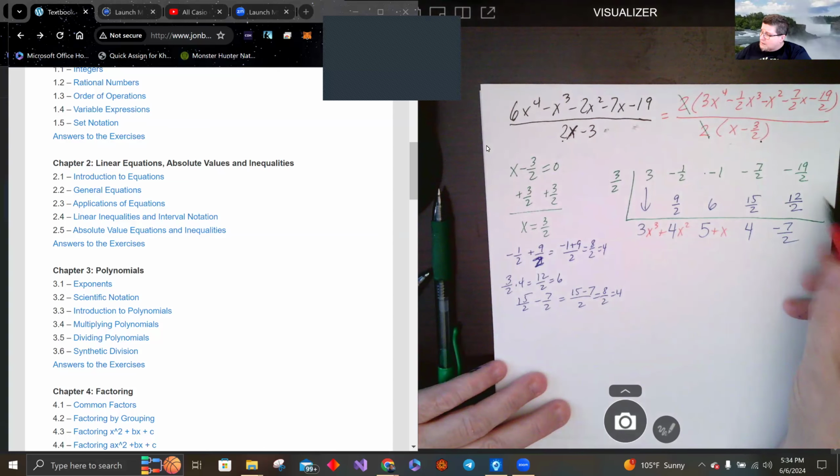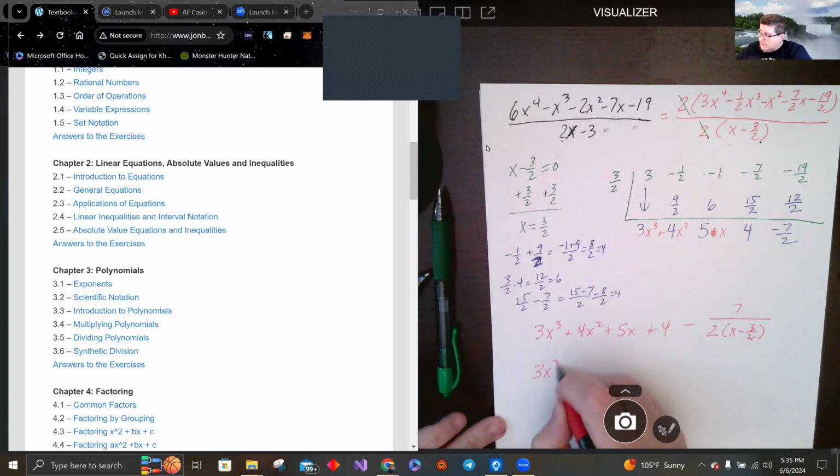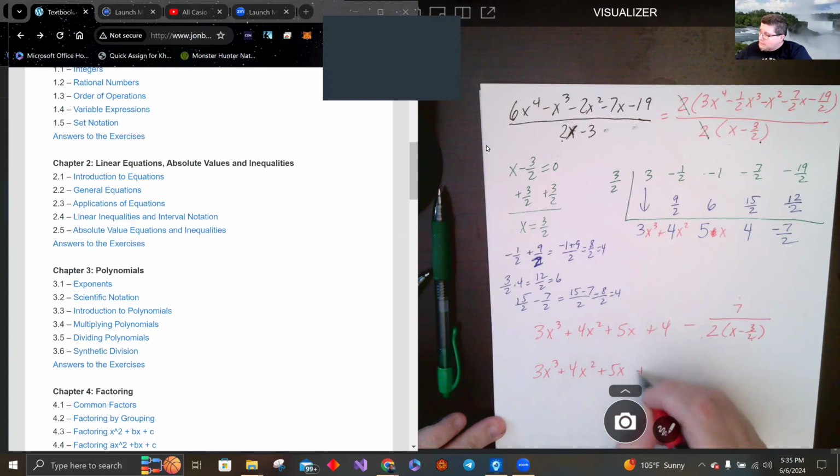If I distribute the 2, I get 2x minus 3, our old denominator. And I pulled the page back we did before. Look at that. Perfect match. And this was a lot easier to do. Yeah, there's fractions. There's not always fractions, though.